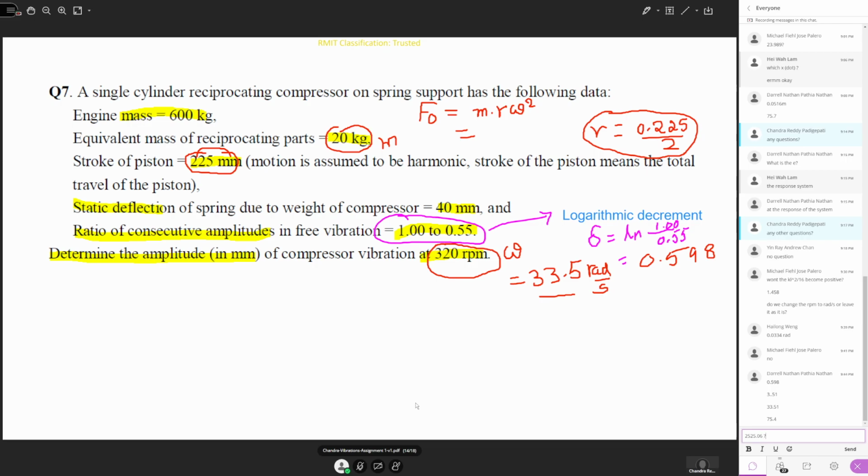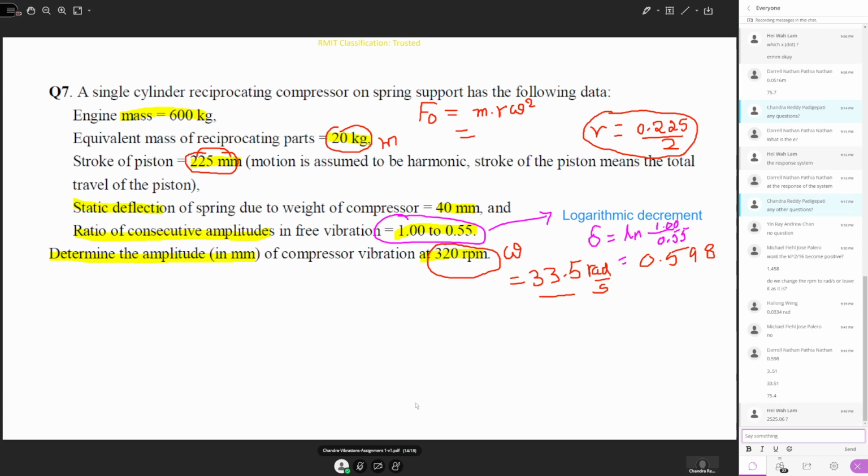Calculate again, Daryl, not correct, because 33.5 square itself is a big number. That's correct, Eva. So you get about 2,525 newtons. You can round off the figures. So this is the force acting on the system.